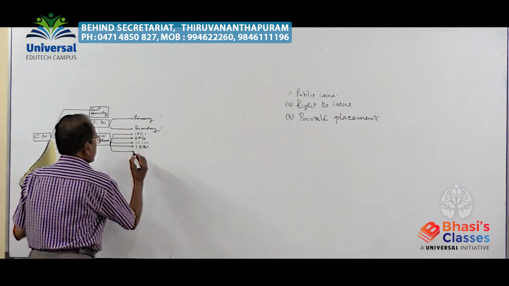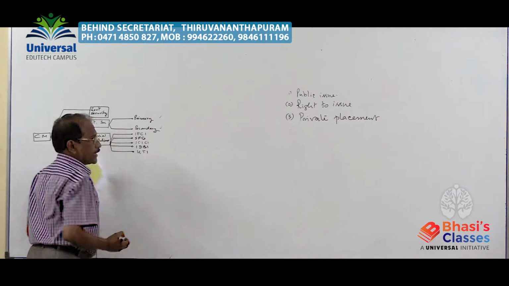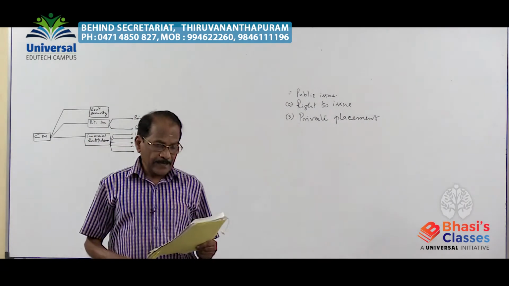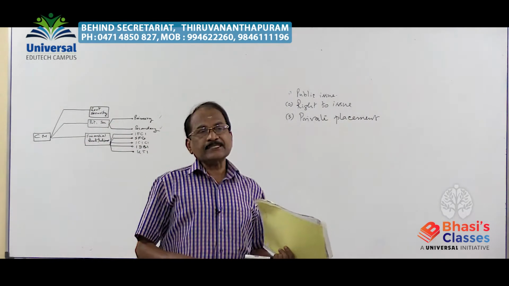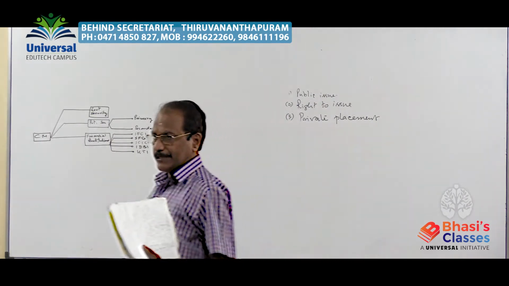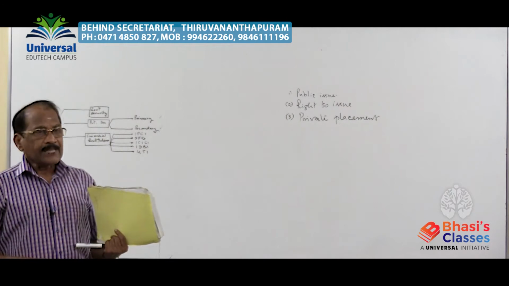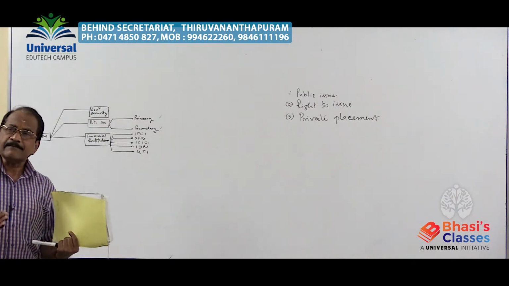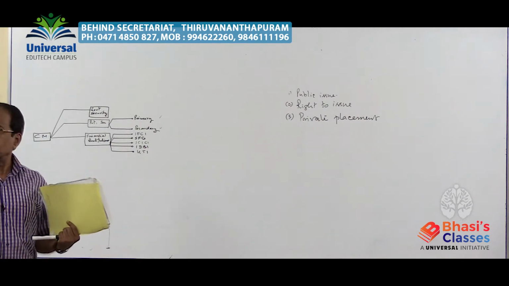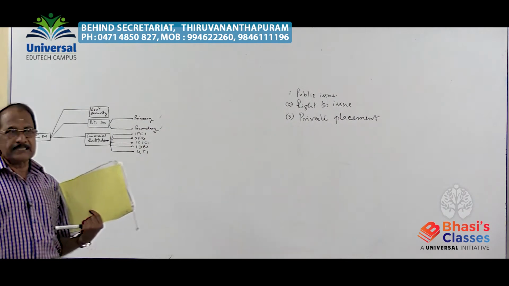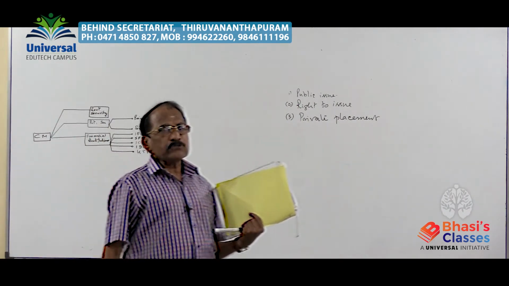Then UTI, the Unit Trust of India, established in the very same year, 1964. A portion of the Unit Trust of India is converted into Axis Bank today, just like ICICI Bank was established from a portion of ICICI.